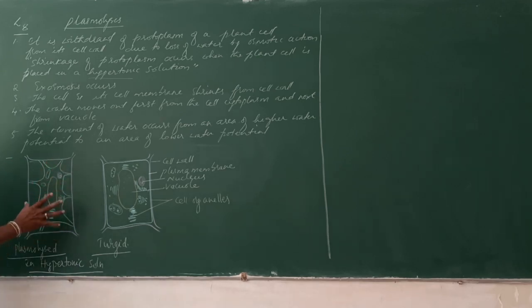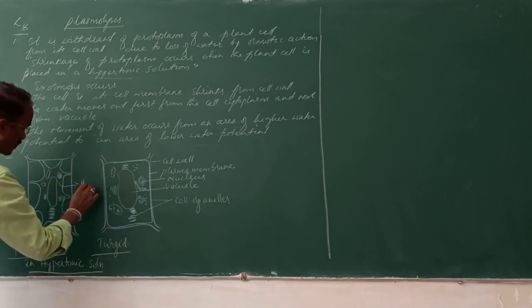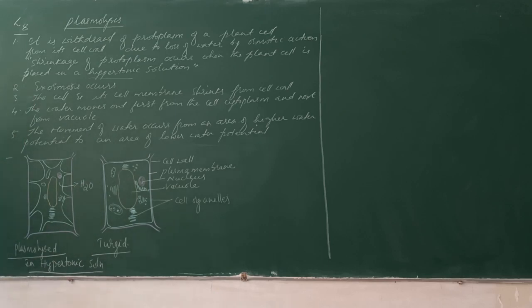So this is the plasma membrane. It is withdrawing. The water moves out of the cell. So the shrinkage of the protoplasm occurs. The protoplasm shrinks and becomes smaller and smaller.